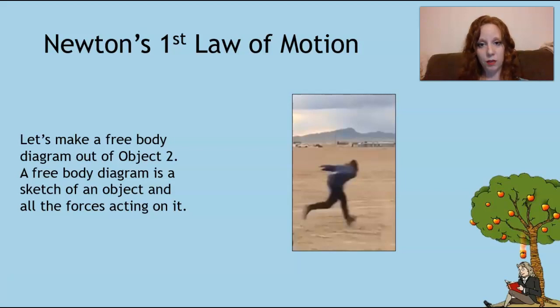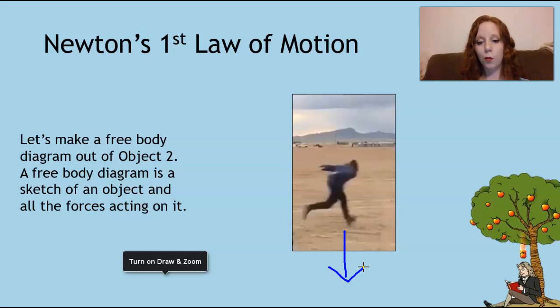I'll just briefly show you one here if I can sketch it out real quick. Alrighty, so we have a force pulling down on him, which is obviously going to be gravity. We have the normal force, which is his body pushing on the earth, balancing it out. It's the reason why gravity's not crushing him.